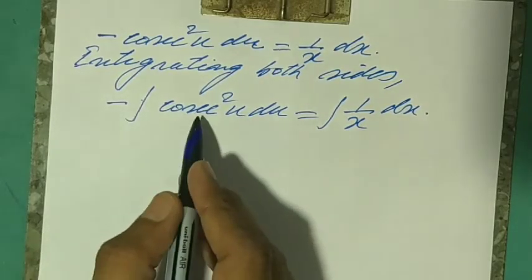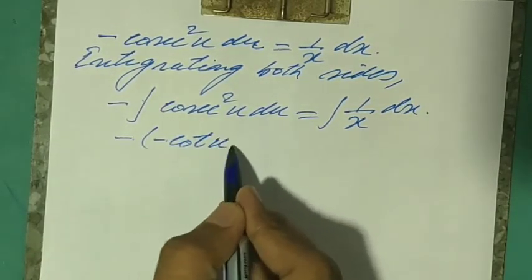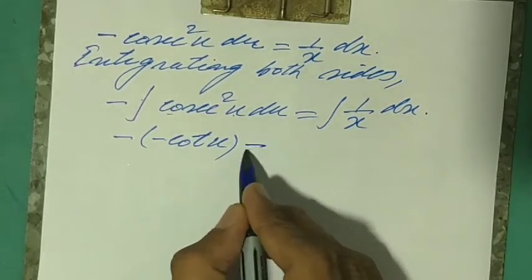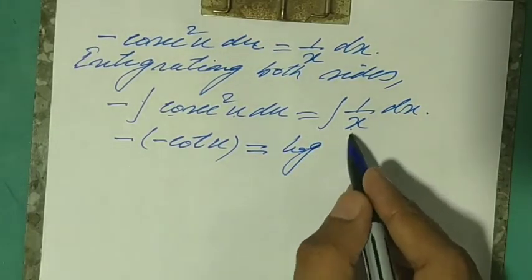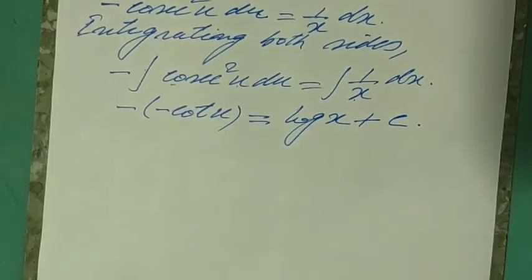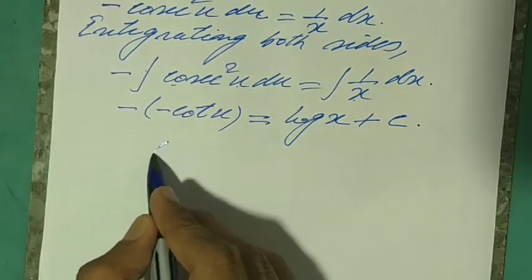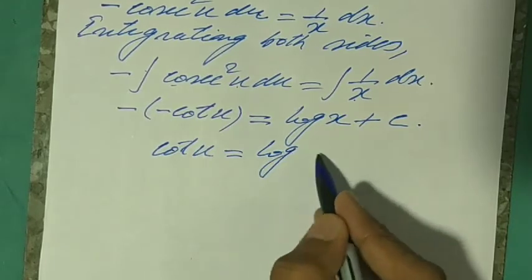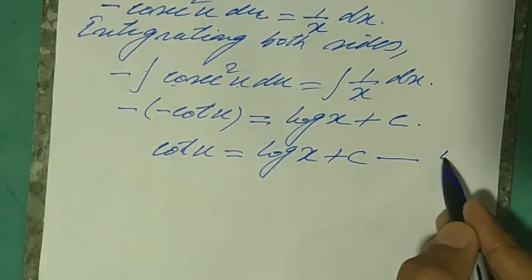So that is minus cot u, the integral of cosec square u, and it is equal to the integral of 1 upon x dx. So the integral of 1 upon x is log x plus c. Opening the bracket, these two minuses become plus. So cot u is equal to log x plus c. Let it be equation number 4.